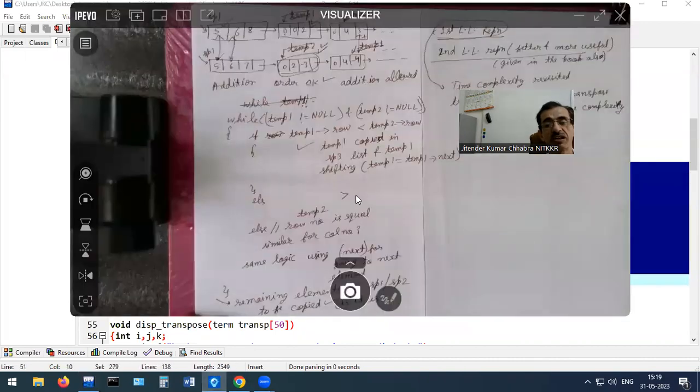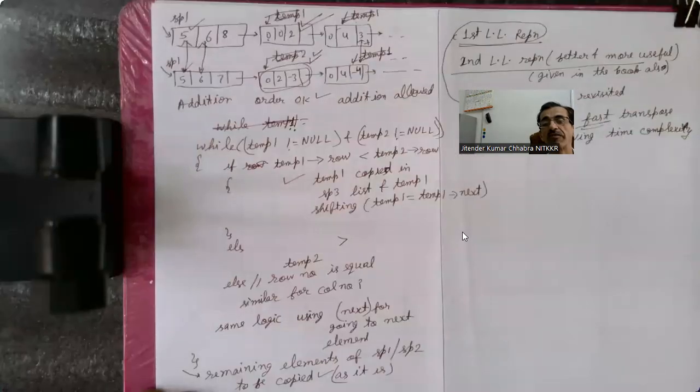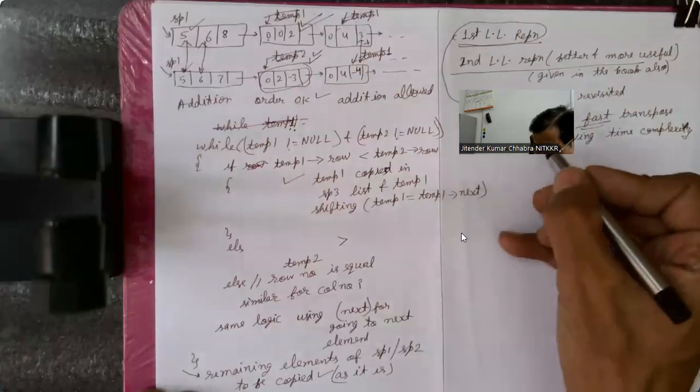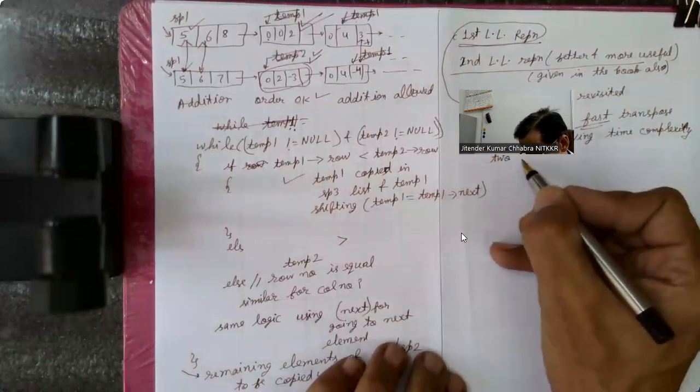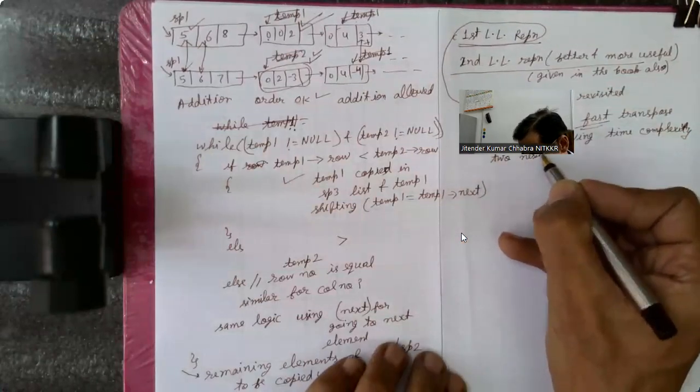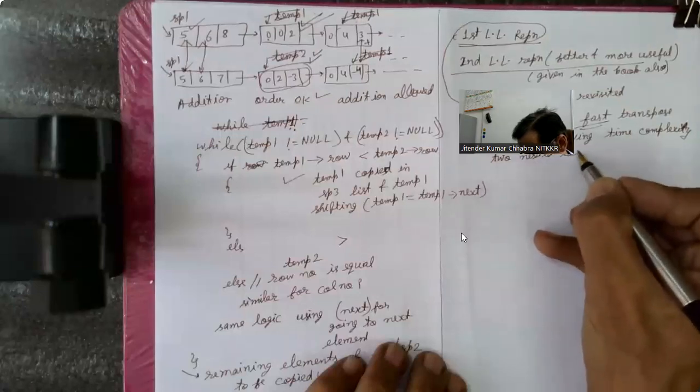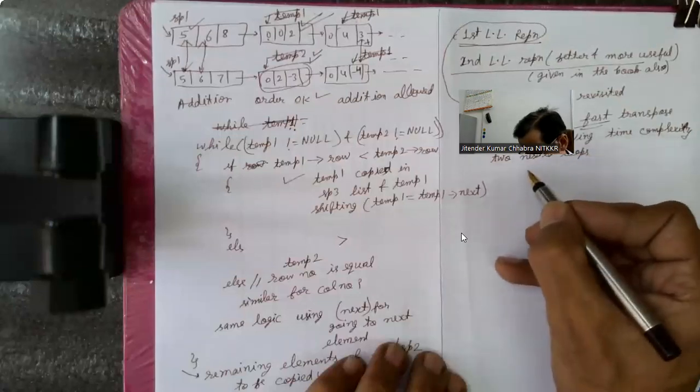Corresponding to this logic, we had in the transpose two nested loops.